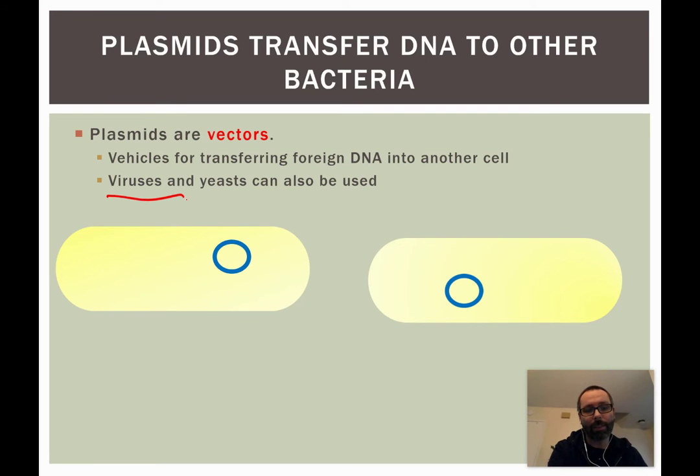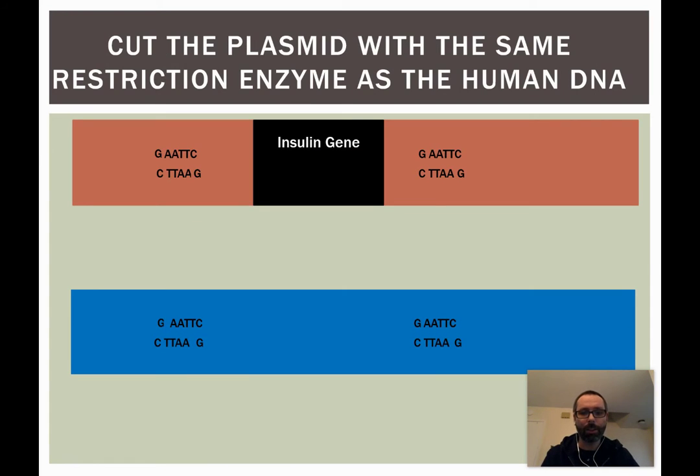You can use viruses and yeast. We'll talk about that in a minute. But plasmids are the most common way that we would transfer DNA from one place to another. So the top line up here is the human DNA, and the bottom line here is just a part of the circle for the plasmid.